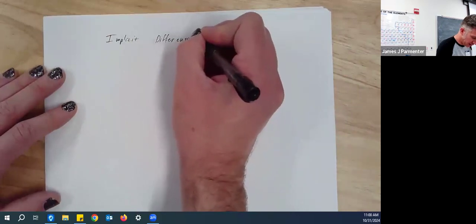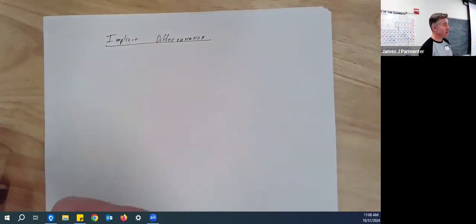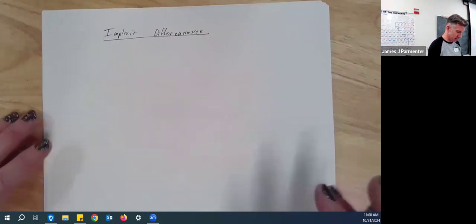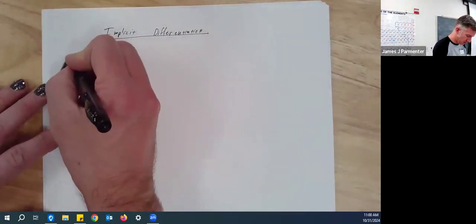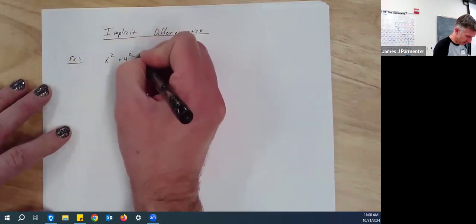So the thing to know about implicit differentiation is you're usually making the assumption that y is a function of x, even though you might not actually be able to solve for y as a function of x. A very common example to look at is the equation x squared plus y squared equal to 25.